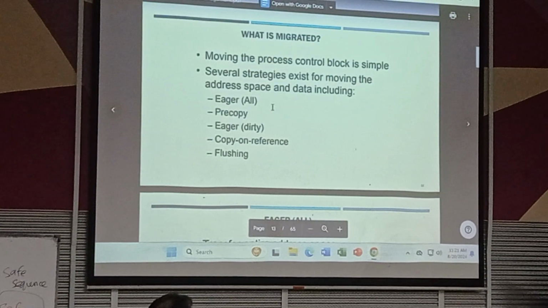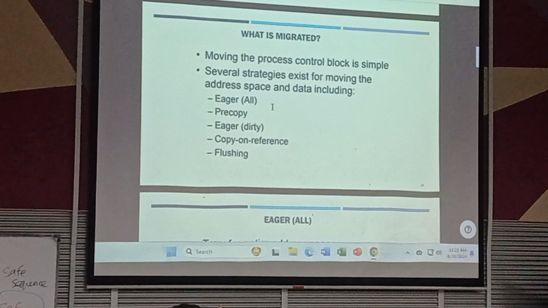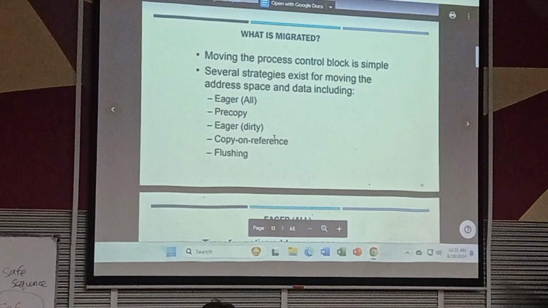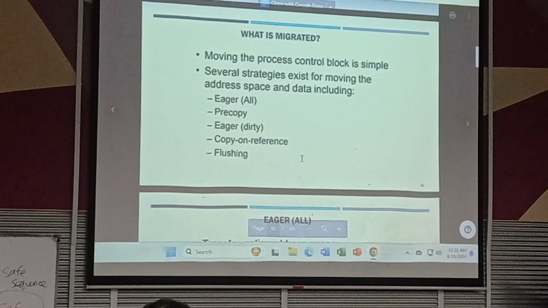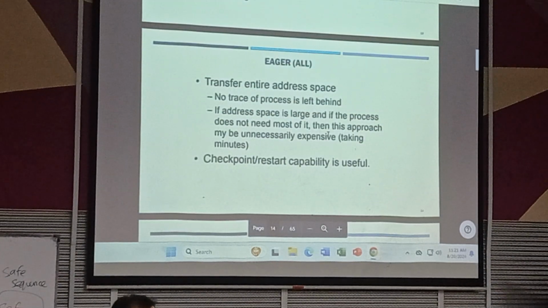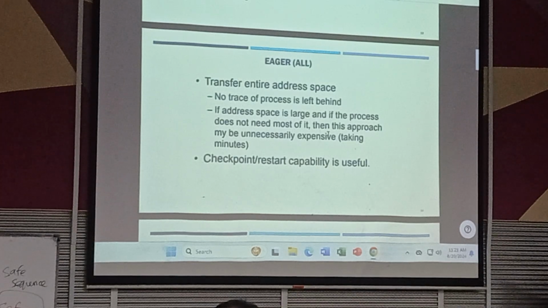So when we move, you mentioned the code and also the data, right? Here it shows only 5, though there are more than this. We have eager all, pre-copy, eager dirty, copy on reference, and flushing. So what are they? Eager all is the simplest. You transfer the entire process image, including the data, all over to another machine.